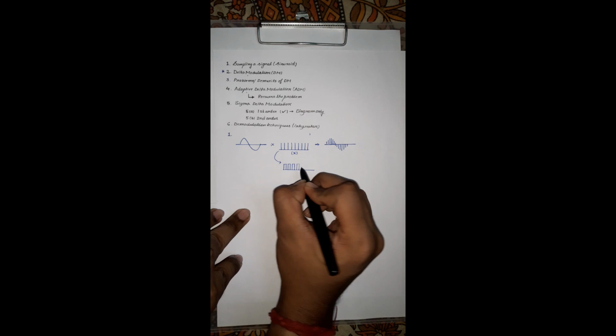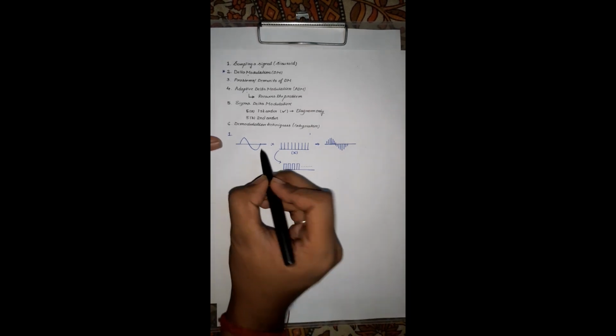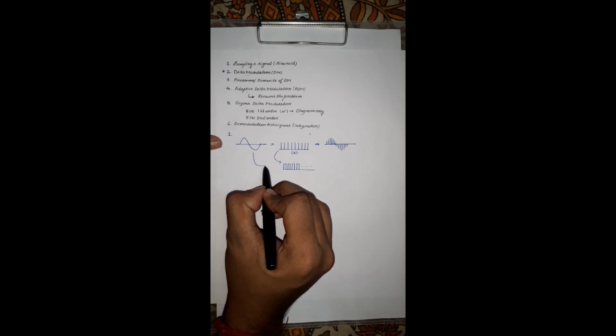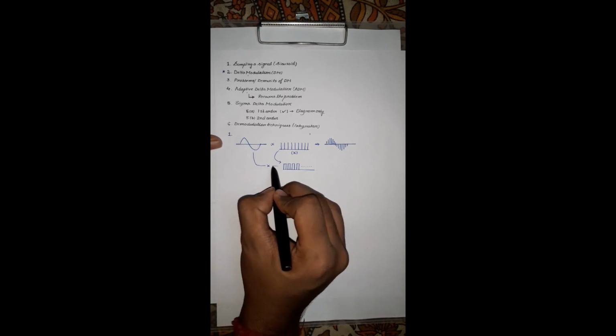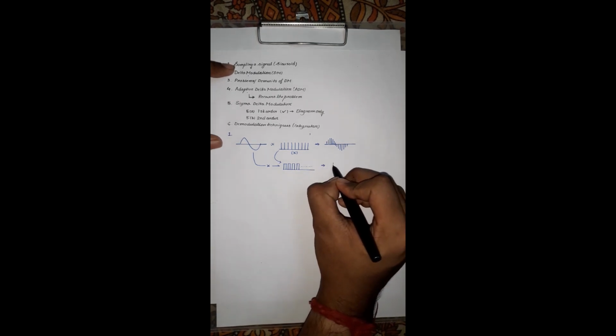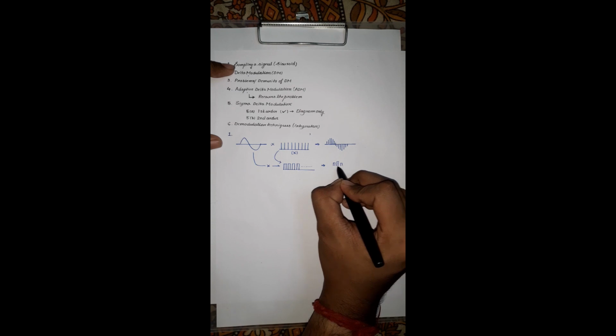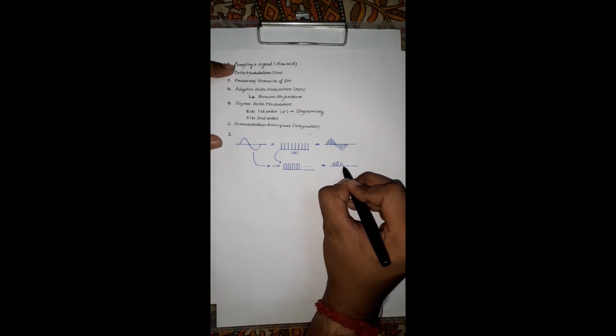Now if I multiply this signal with these pulses, then the waveform will look like this.